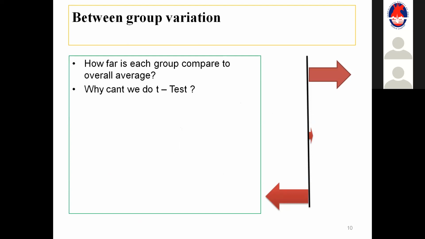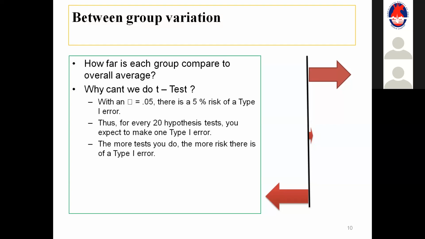There should be one question arising: why can't we do multiple t-tests instead of doing an ANOVA? Why should we complicate ourselves with new theories when we can do it with two or three t-tests? With an alpha of 0.05, there is a 5% risk of type 1 error. This is what we assume in our experiment.